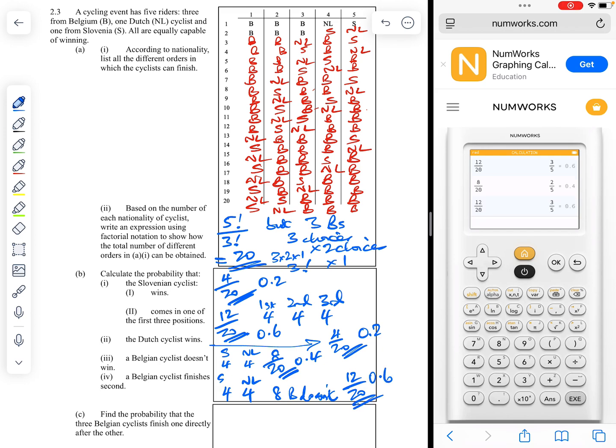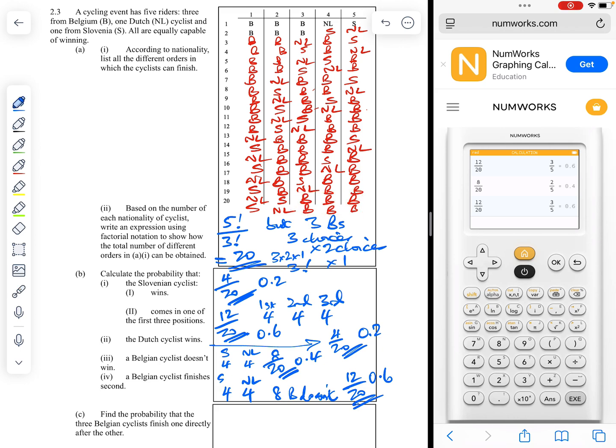Last question. Find the probability that the 3 Belgian cyclists finish one directly after the other. So the 3 coming together. So we have there and there, and then here and here, and then here and here. So we've got 2 and 2 and 2.